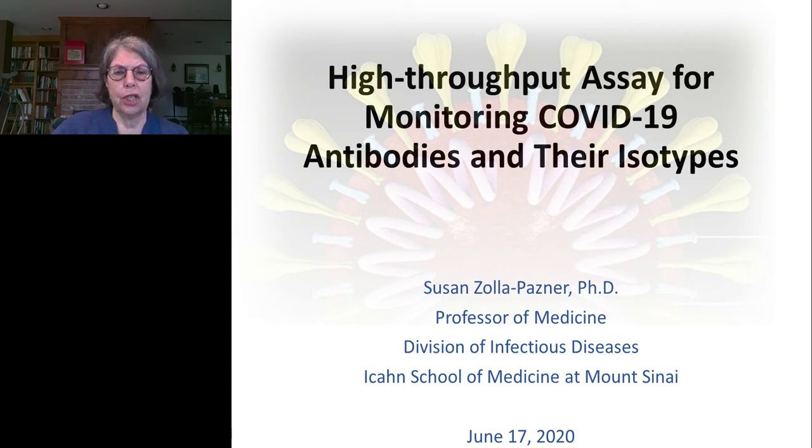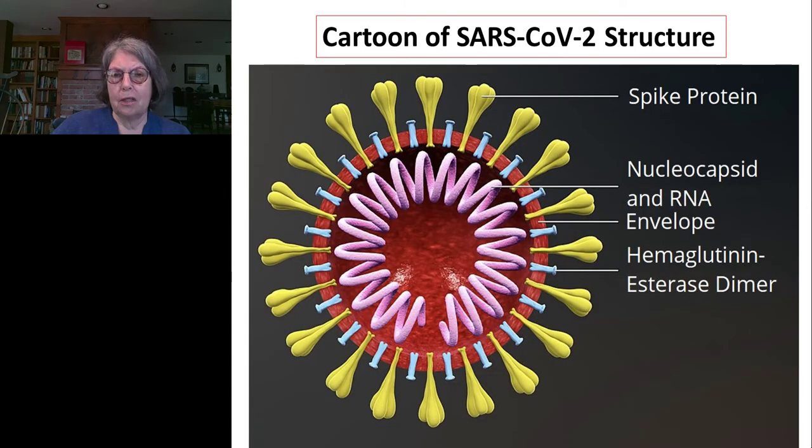Just as an introduction, though you may not need it, I want to share with you this cartoon of the structure of the virus. We're going to be focusing today on the spike protein, shown in yellow, that covers the surface of the virus particle.